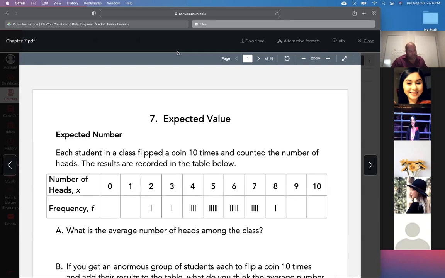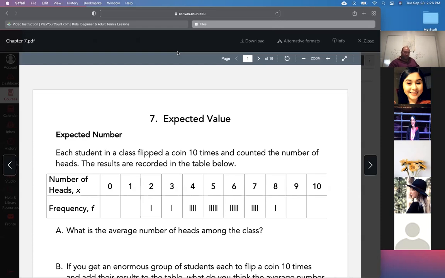Oh, wait, 11. So you want to divide by 11 because there's 11 possible outcomes, 0 through 10, right? But that's not what you're dividing by here, because you're dividing by how many people there were. Every person got a number from 0 to 10, or in our case, 2 to 8, but in general, every person got a different number, right?